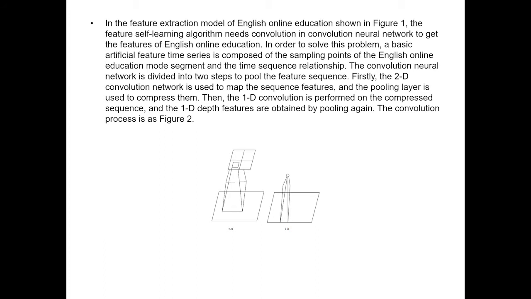Firstly, the 2D convolution network is used to map the sequence features, and the pooling layer is used to compress them. Then the 1D convolution is performed on the compressed sequence, and the 1D depth features are obtained by pooling again. The convolution process is as Figure 2.